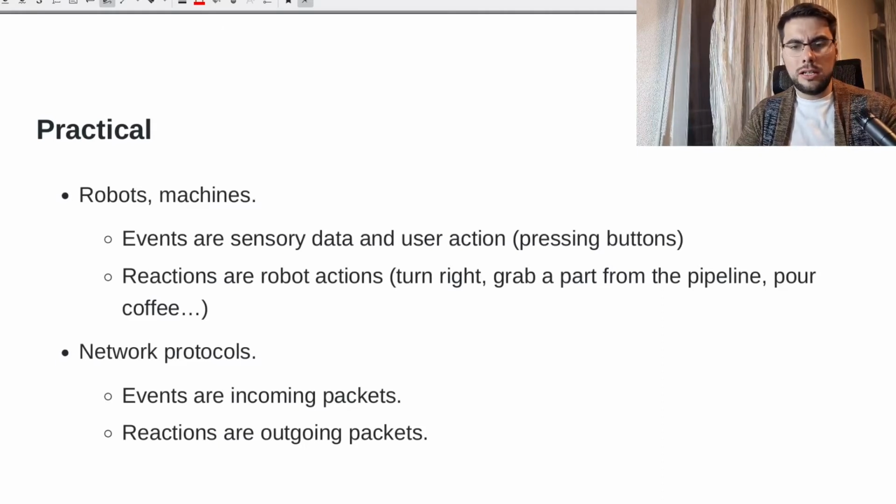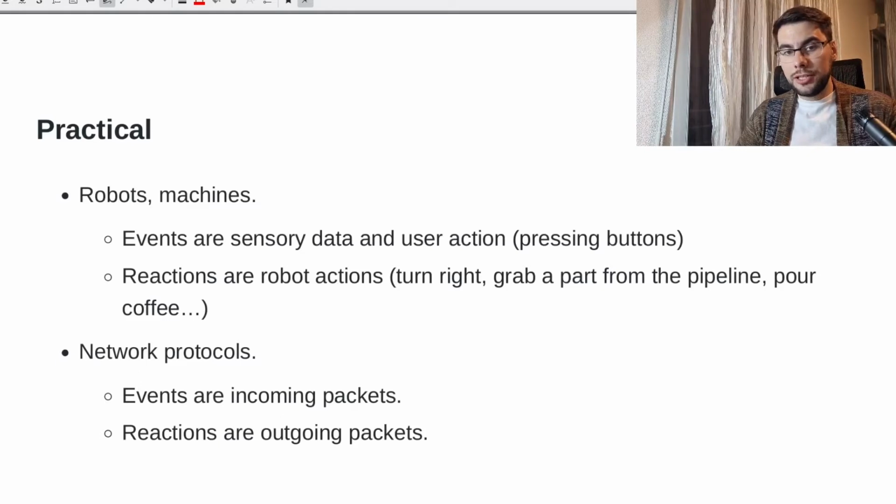But what are the typical areas where state machines are useful? It's very often used in robotics. In this case, events are going to be sensory data and user actions like pressing a button or interacting with something exterior to the robot.